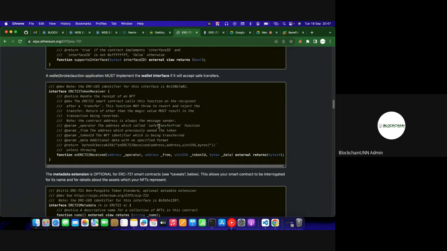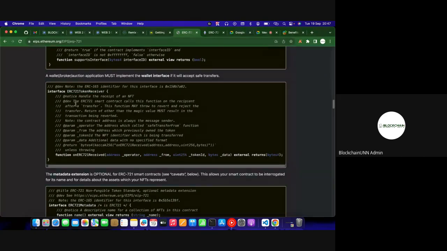So remember when we talked about the safeTransferFrom function, we talked about how it can verify that a particular receiver, the person you are sending to, has the ability to receive NFTs. So basically what happens is it calls this ERC721TokenReceiver, and as you can see, if this function onERC721Received is implemented, it will return a bytes4, which is like a catch-up of the function signature.